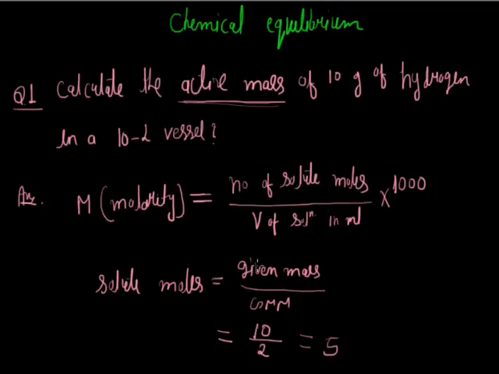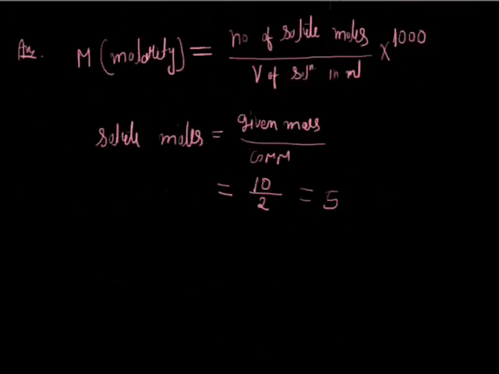Now put the values in the formula of molarity: capital M equals number of solute moles 5 upon volume of solution in ml. If we write in ml, then we use 1000, and if it is converted into liter, then directly the volume of solution in liter will be 10 liter.